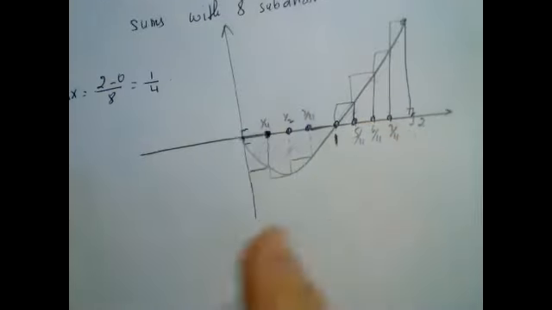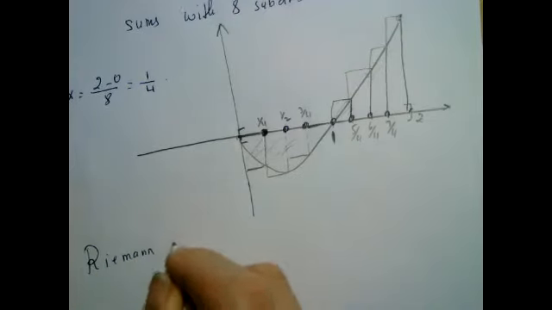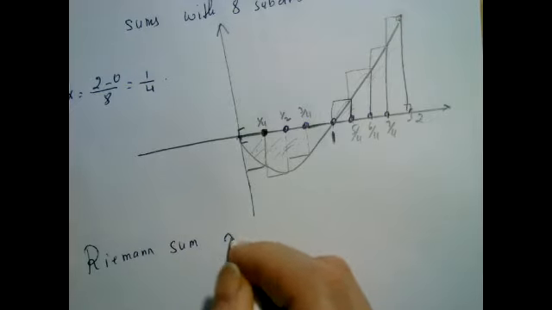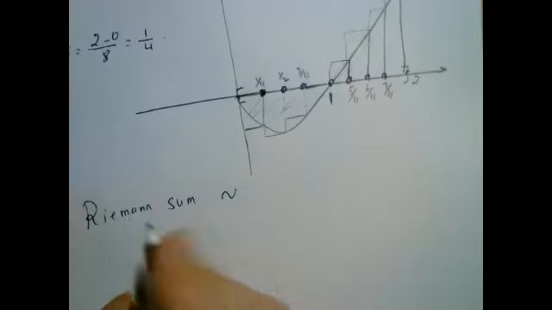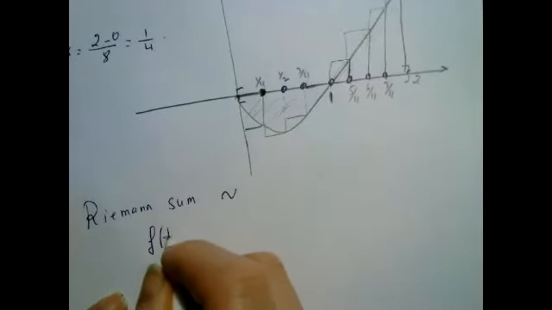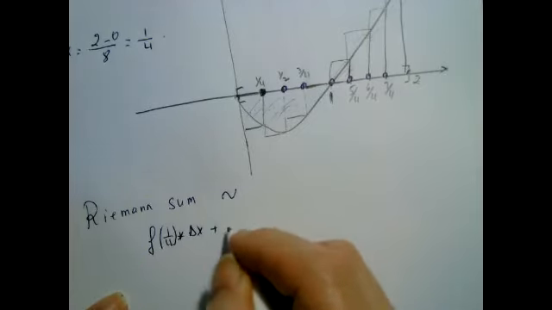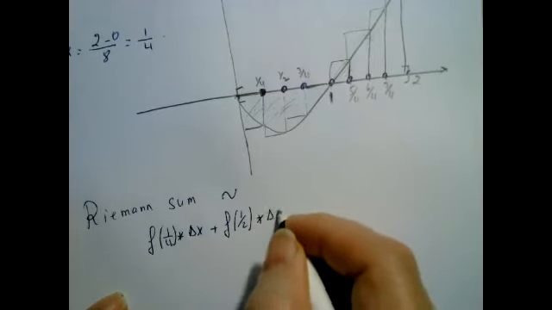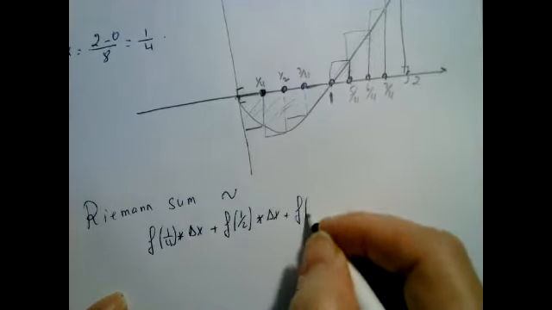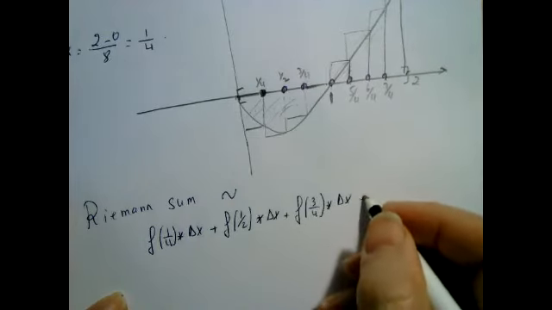Let's write this down. The Riemann sum is an estimate of the integral, not the actual value, because I'm only taking a subdivision. So it's the value of the function at 1/4 times the delta x, which is 1/4, plus the value at 1/2 times delta x, the value at 3/4 times delta x, and we keep going.